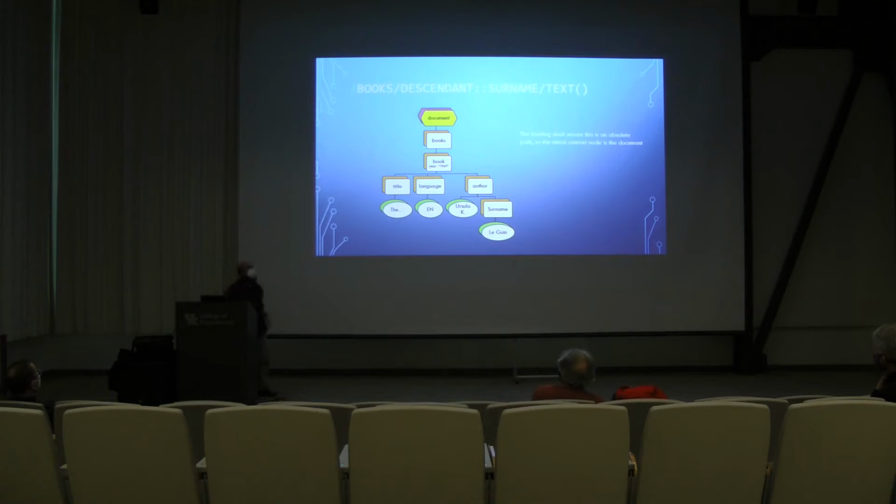I have labeled in yellow here what our current context is. Where are we starting from? Then we go to the next step, which is books, which has that implicit child axis. You could also write this as child : books. And that goes to the children of that document node that are named books.